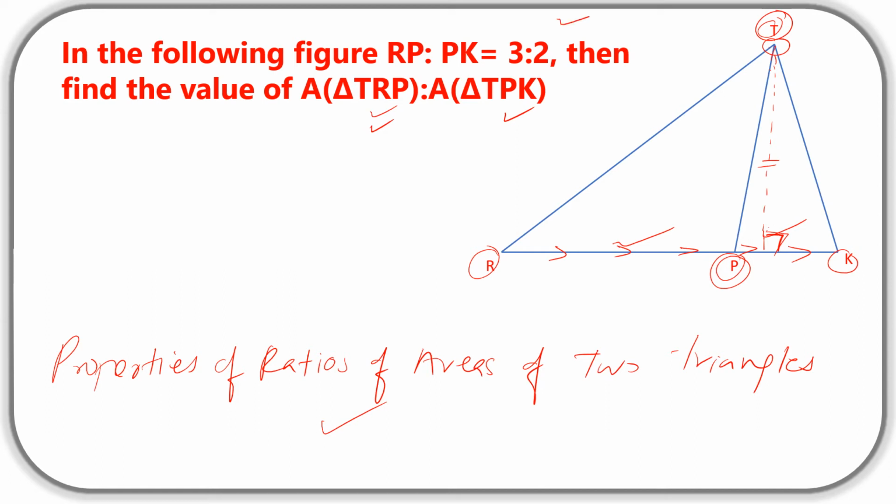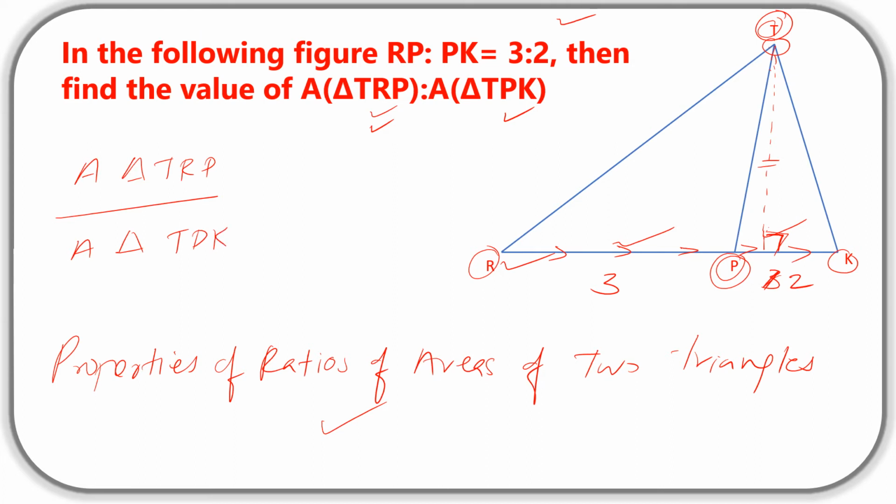It is given 3:2. If we think 3 is RP, from here to here it is 3, and PK is 2, converting that into numerics, the ratio will be the area of triangle TRP upon the area of triangle TPK.